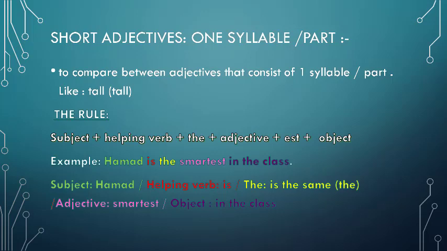Here is an example to help you understand the rule. The example says, Hamad is the smartest in the class. Hamad is the subject. The helping verb we use is. The stays the same. Adjective here is smartest. The object here is in the class.